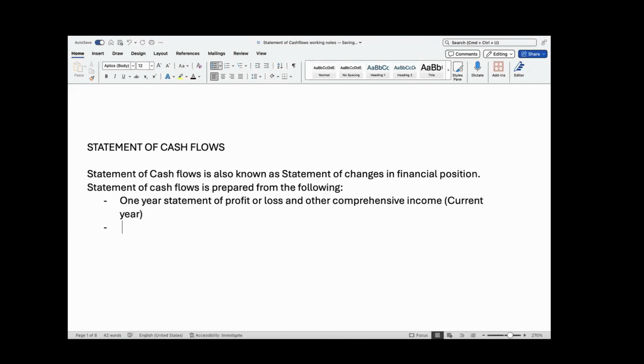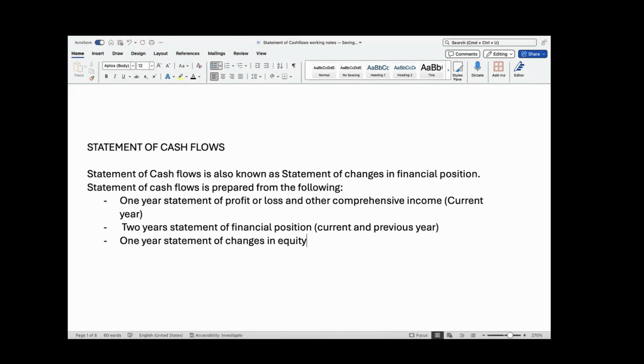You will also need two years statement of financial position. That is, they will give you the current year and the previous year statement. And for consolidated statement of cash flows, you might also need one year statement of changes in equity at times. These three are what we use to prepare statement of cash flows.